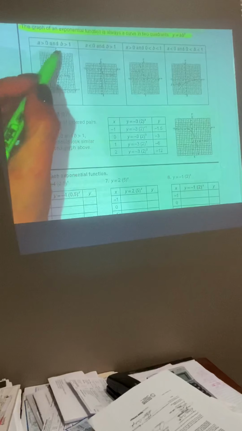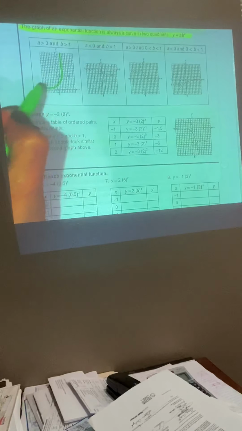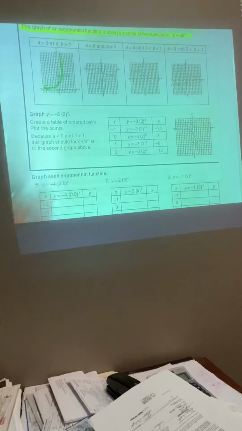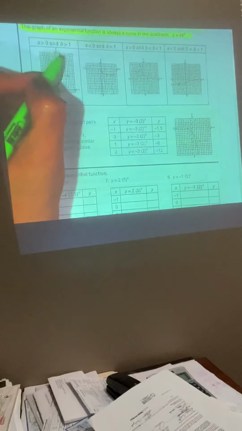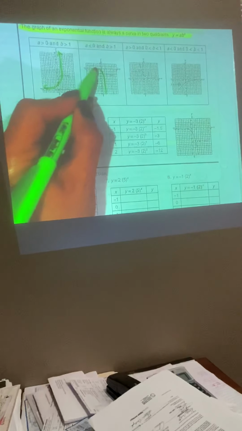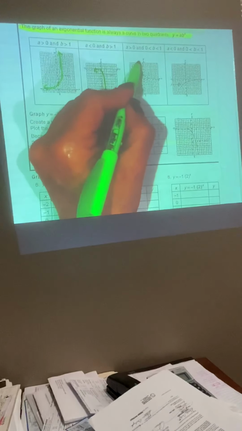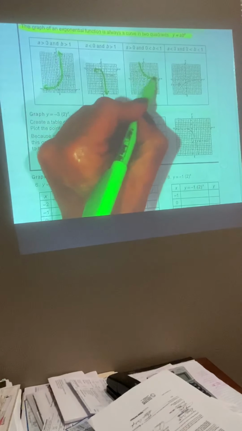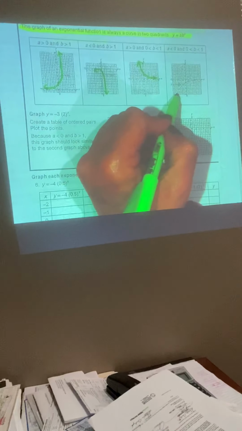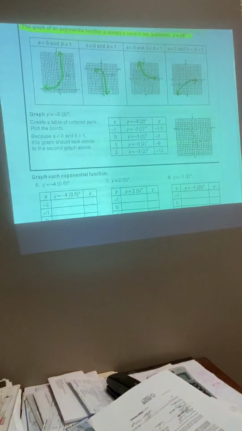This one starts here and comes down, and it comes really close to the x-axis, but doesn't touch. This one's here, it's really close to the x-axis. I know it looks like it touches, but it doesn't. Really close. See, every time it goes in two quadrants.